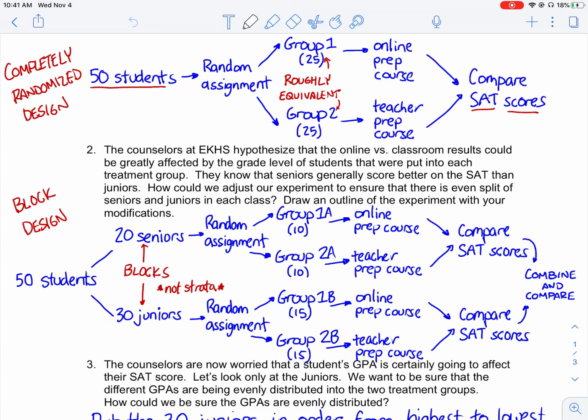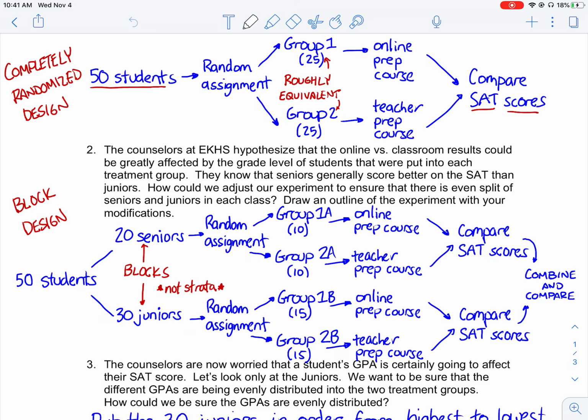Let's say number one and number two. Both of these kids have the highest GPA. We flip a coin to assign one of the students to the online class and one of the students to the teacher class. Repeat this process with the next two highest GPAs until all 30 juniors are assigned, or technically until all 15 pairs of students are assigned.